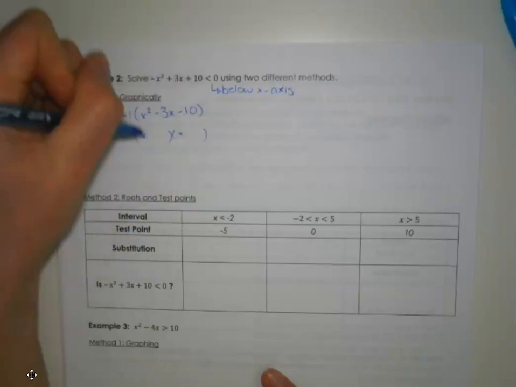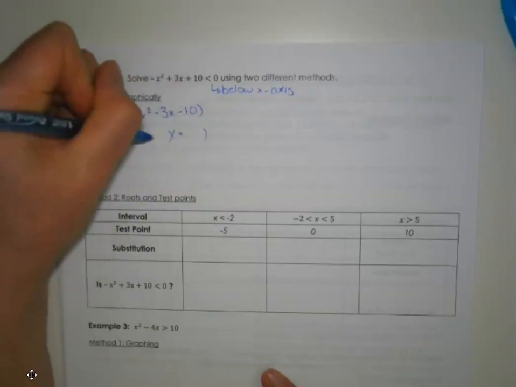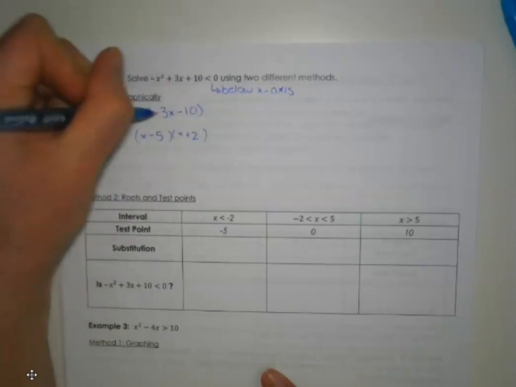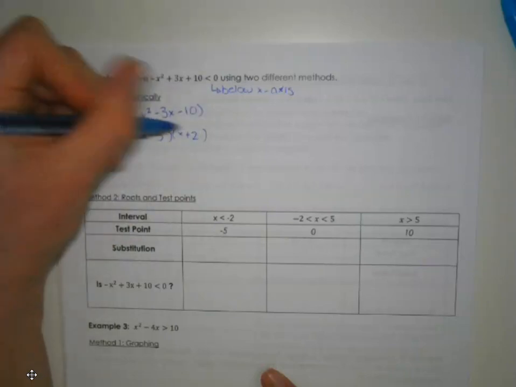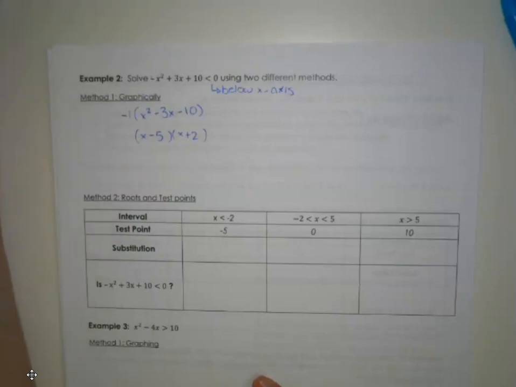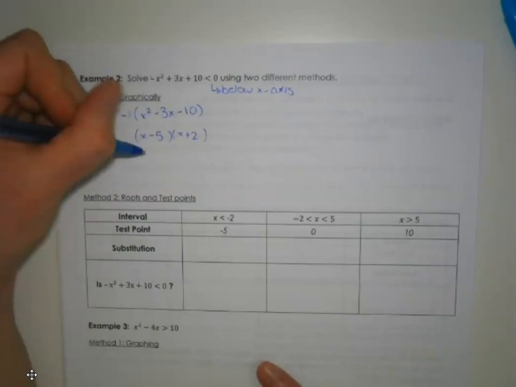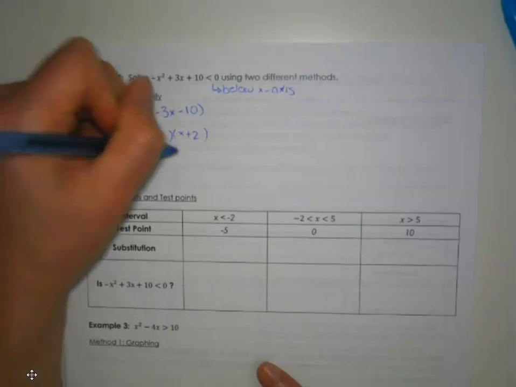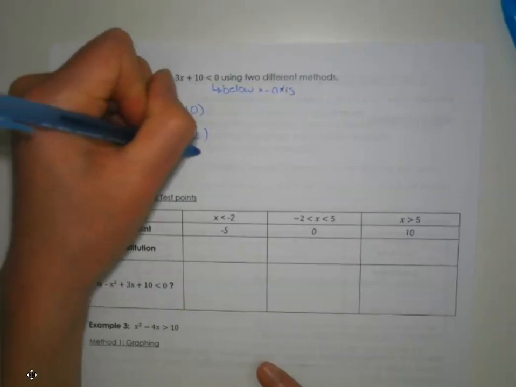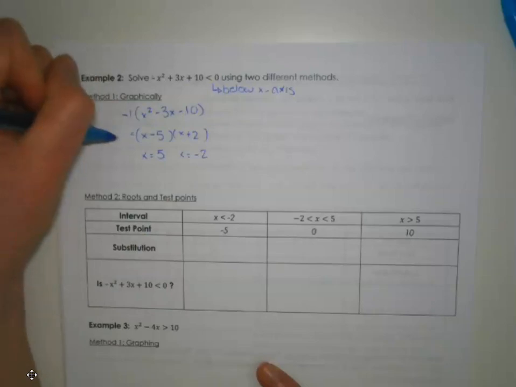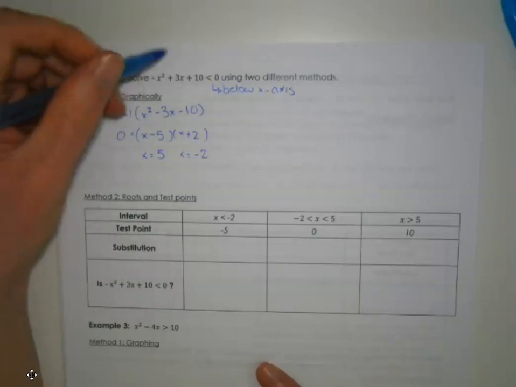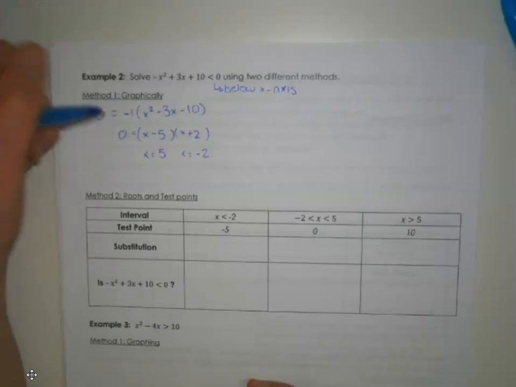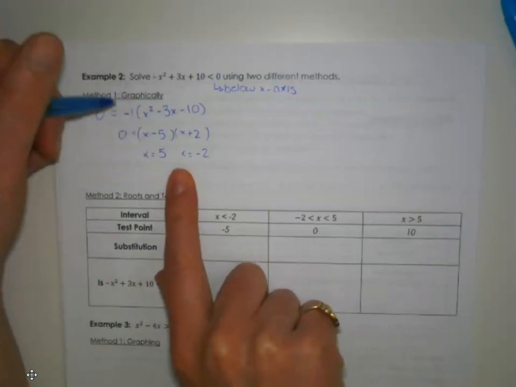It would have to be -5, and it would have to be positive 2. So -5 plus 2 gives us -3. -5 times positive 2 gives us -10. So now we have our solutions of x being equal to 5 or x being equal to -2, because remember, we're just setting this whole thing equal to 0 when we're doing our solutions. So that's where we're getting our roots from.